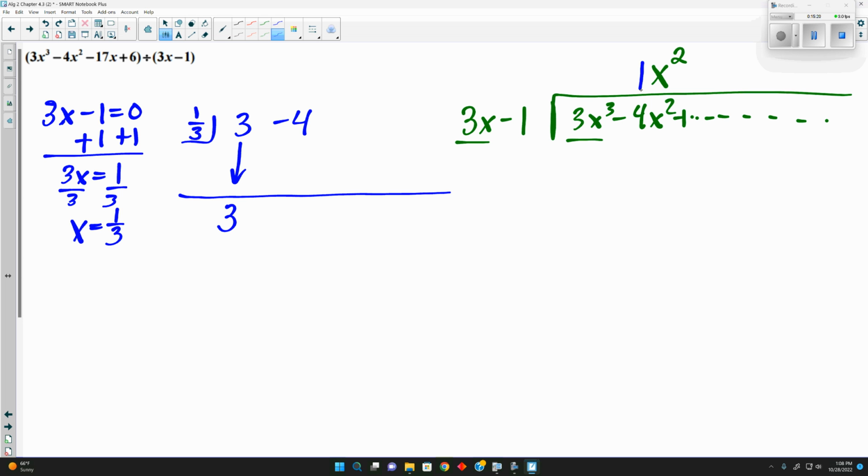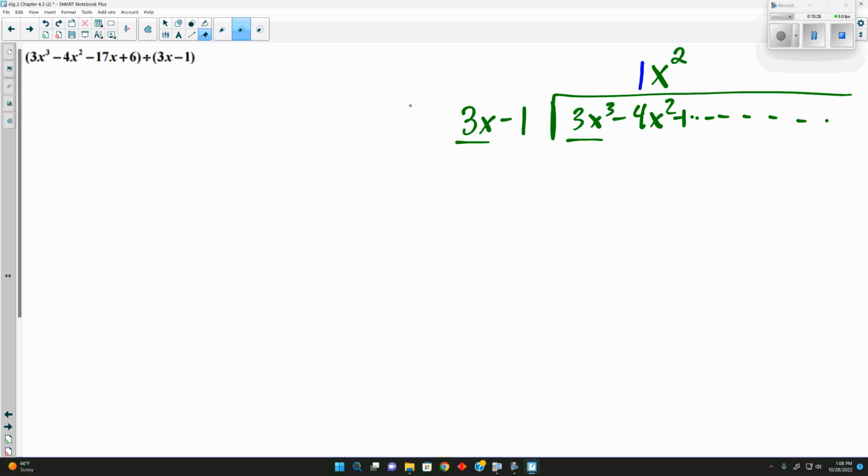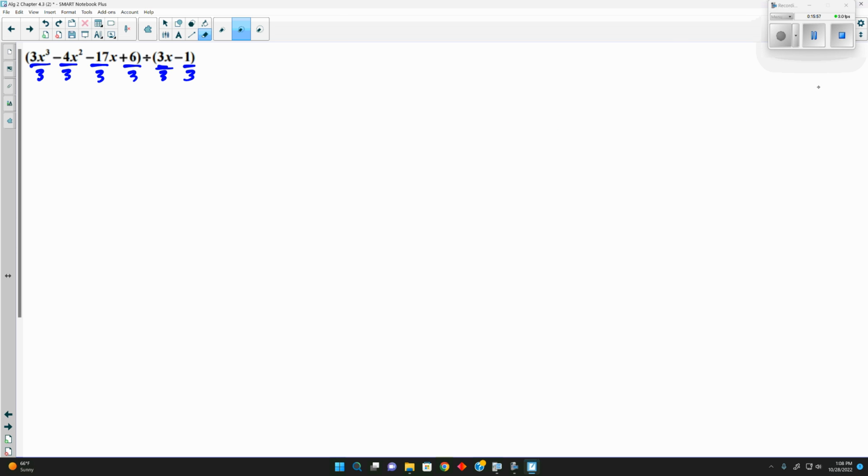And there's a reason for this, and there's a reason I did this: anytime there is a number in front of the variable with the biggest exponent, we have to divide the entire thing by that number. So here, we're going to have to divide every single term by 3 to be able to get the correct solution here.